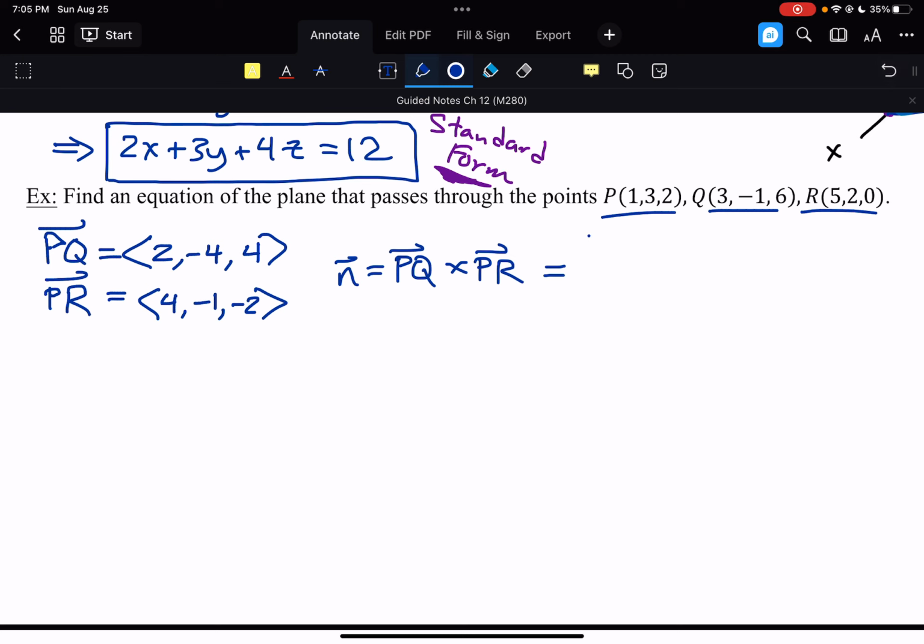So we set up our I, J, and K. We get 2, negative 4, 4. 4, negative 1, negative 2.